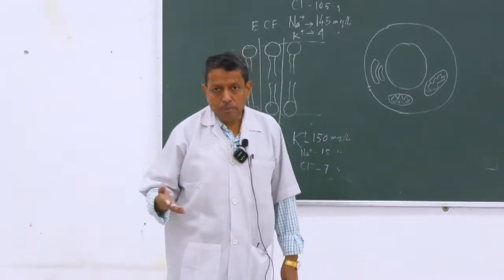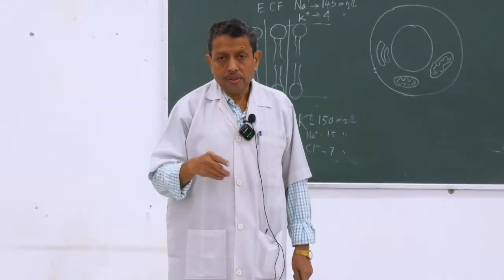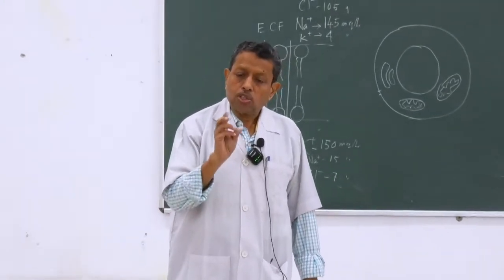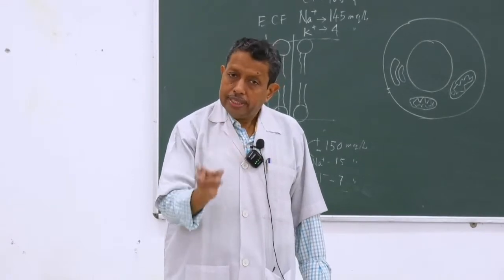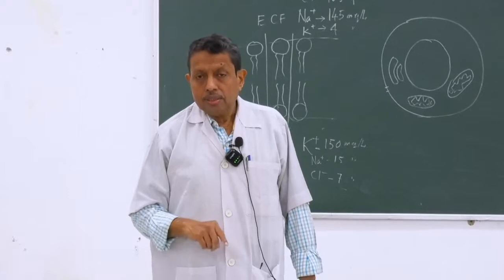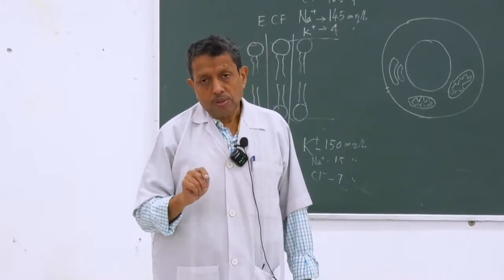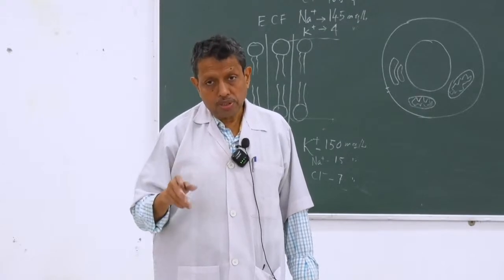Suppose in the respiratory membrane, we are inhaling air, and the concentration of oxygen is more within the alveoli than in the blood within the capillaries, which contains less oxygen because oxygen is utilized in the body.